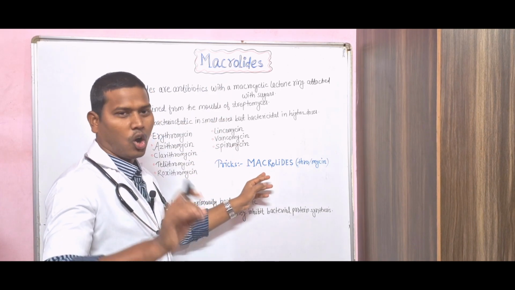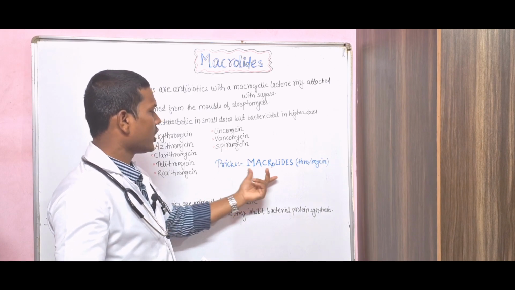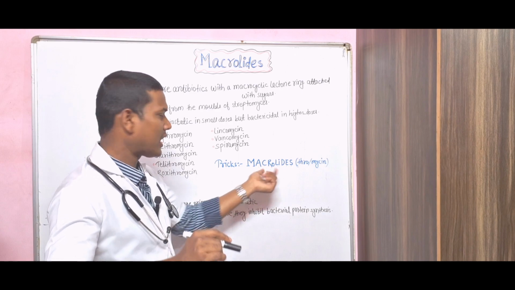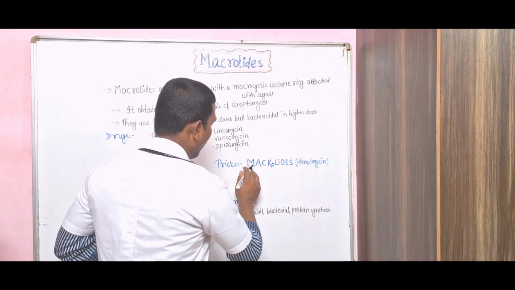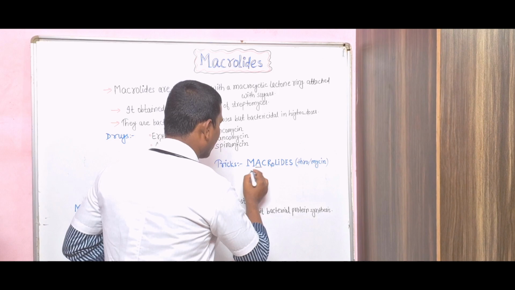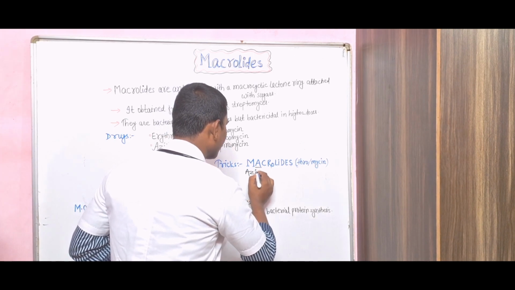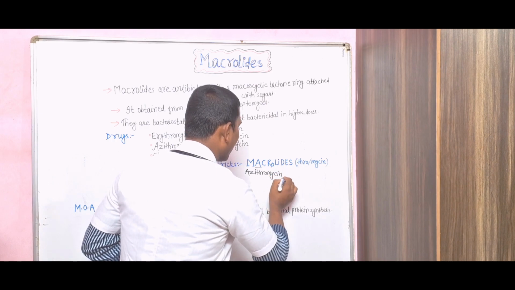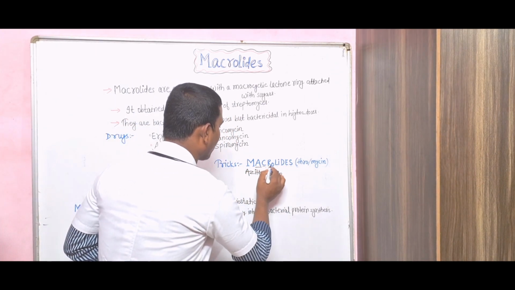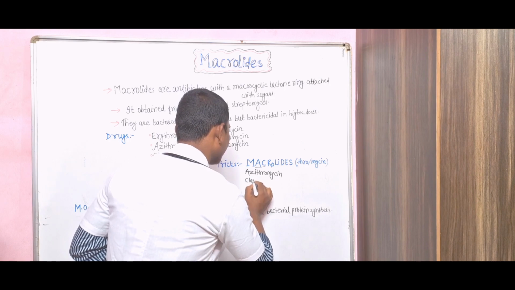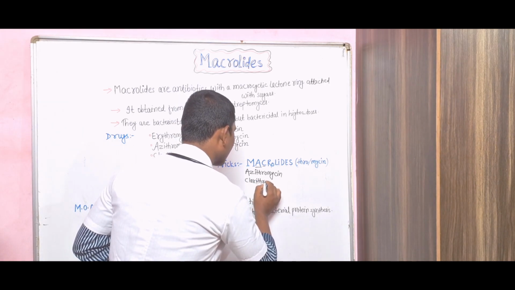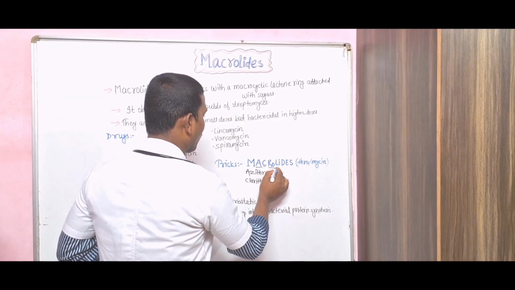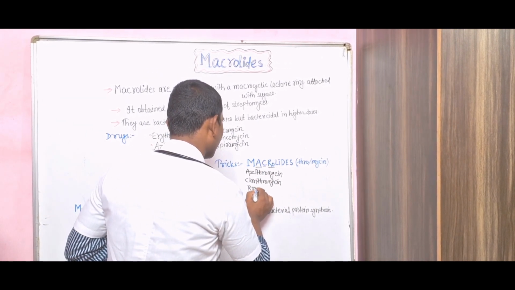In the word macrolides, all the antibiotics are hidden. If you know macrolides, all the antibiotics will come. M for macrolides, A for azithromycin, C for clarithromycin, then RO for roxithromycin.